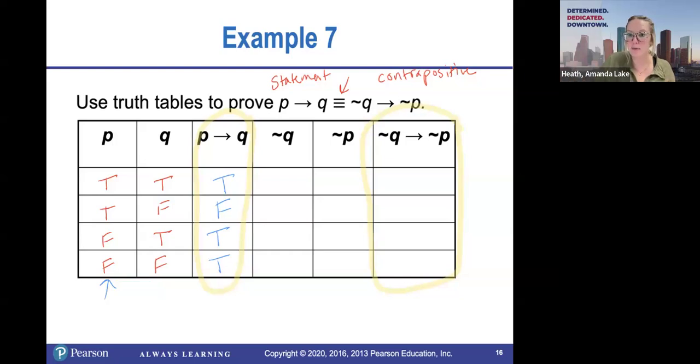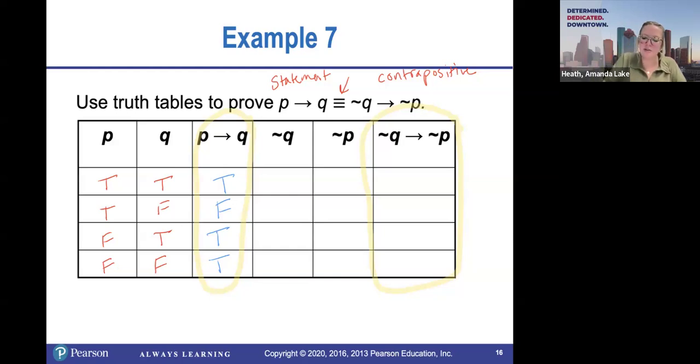So in the example we were just given about San Francisco and California, if you're not in San Francisco, then you could be in California or you could be somewhere else. So that statement, if I'm in San Francisco, then I'm in California. If we don't know where we are, we just know we're not in San Francisco, then we could be in California or not. So that's the vacuous truth.